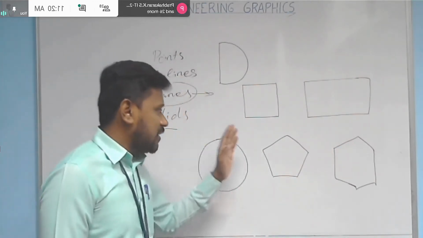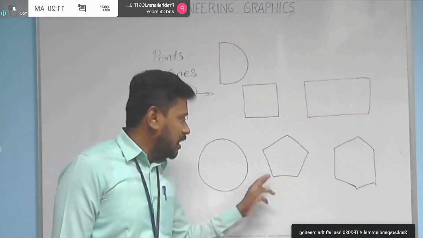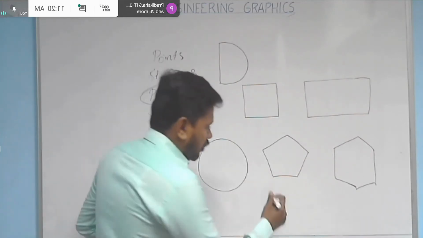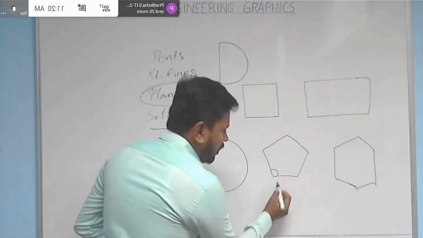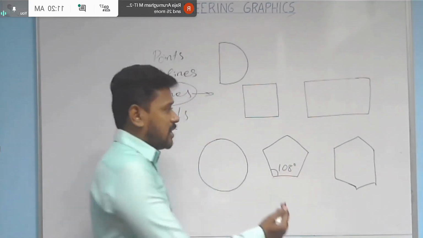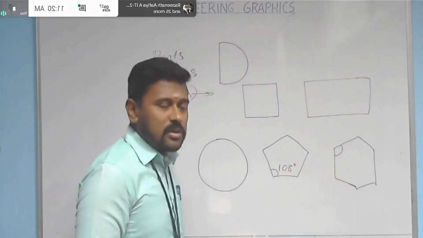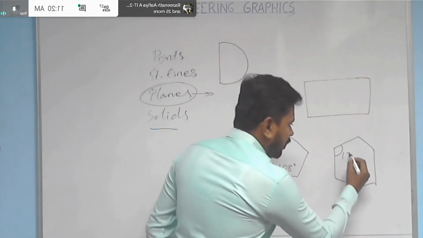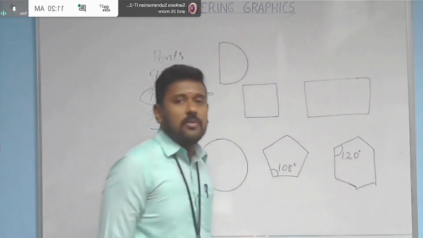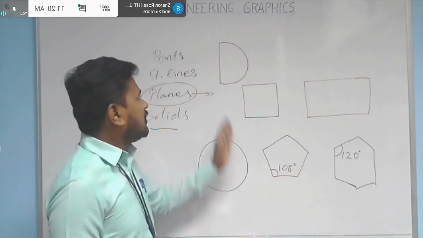A pentagon has five equal sides and all included angles are also equal. The included angle in a pentagon is 108 degrees. In the case of a hexagon, which has six equal sides, the included angle will be 120 degrees. And there is a circle, a well-known geometry, and a semicircle.